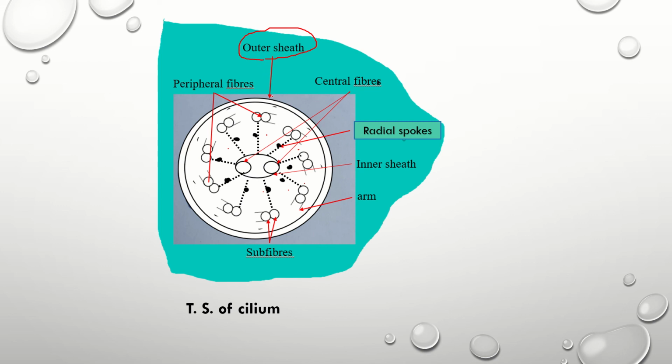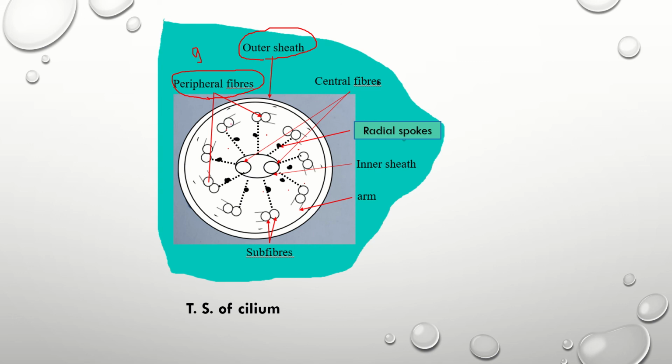Within the matrix there are 9 peripheral longitudinal fibers, which run along the whole length of the cilium. Each fiber is formed by 2 subfibers.